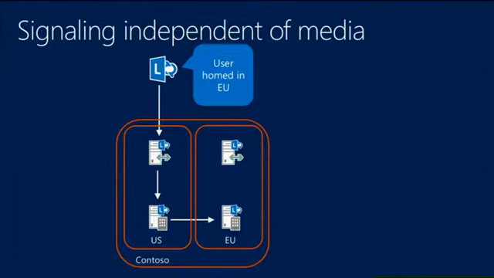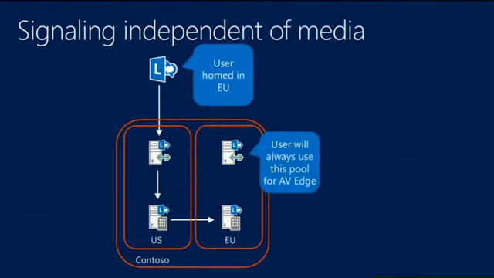The next hop authenticates me and says, this is actually a user homed in Europe, so it proxies all the traffic. However, when I sign in, I will learn via the signaling from my server what AV Edge server I have to use for all my media traffic. So no matter where I sign in, I will always use the European AV Edge server for all the audio and video. And that's important to understand.